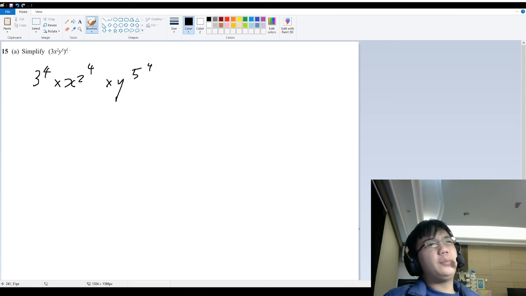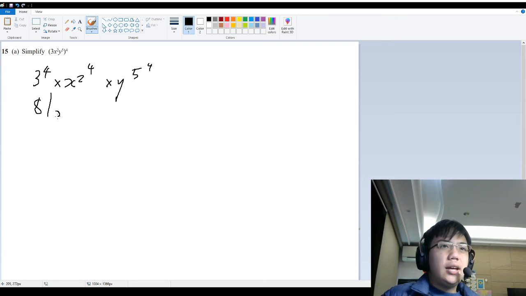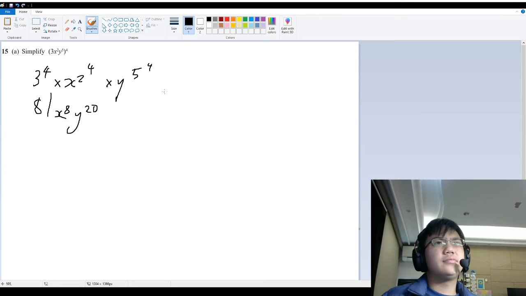As the power of 4 outside of the brackets would mean each of these terms are raised to the power of 4. So here we have 81 x to the power of 8 and y to the power of 20.